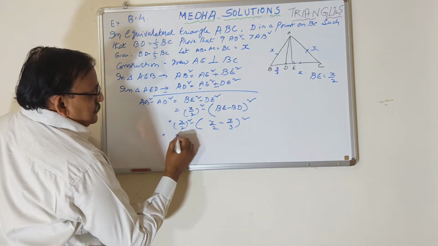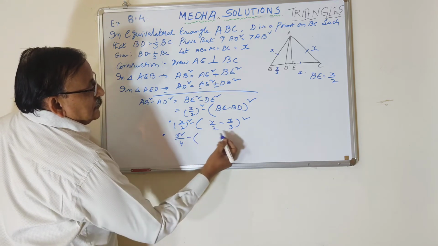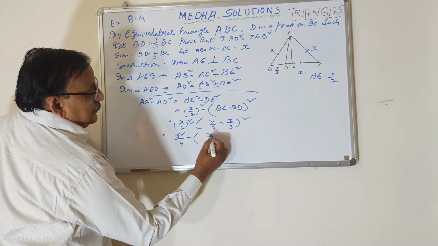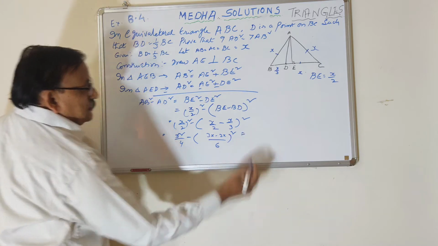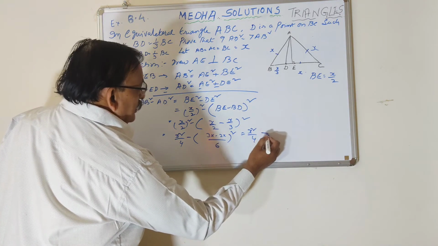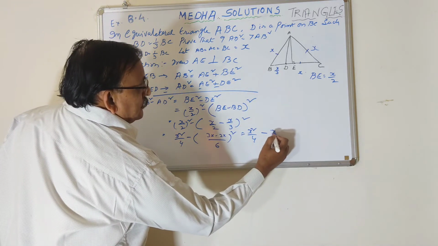Now x square by 4 minus, take LCM 6: 3x minus 2x, whole square, that is equal to x square by 4 minus x by 6 whole square.